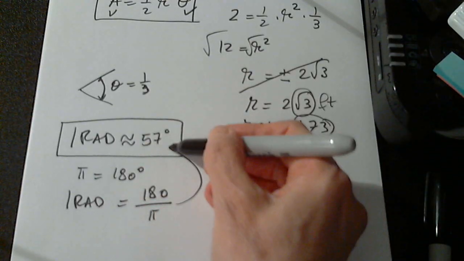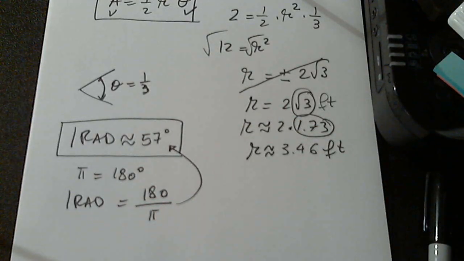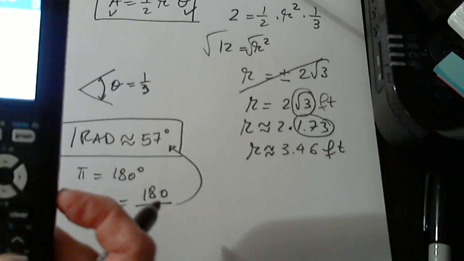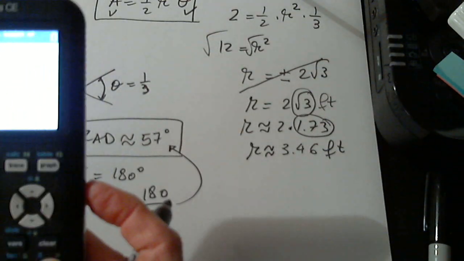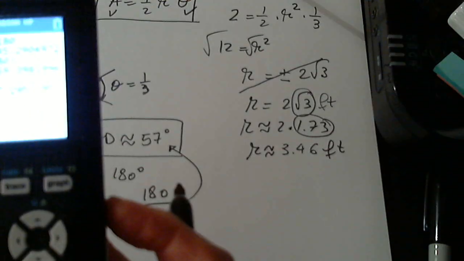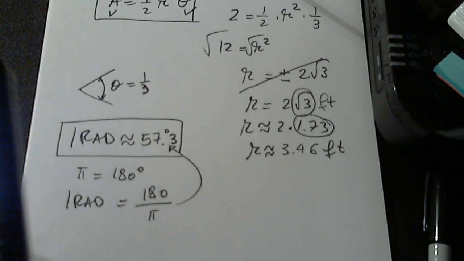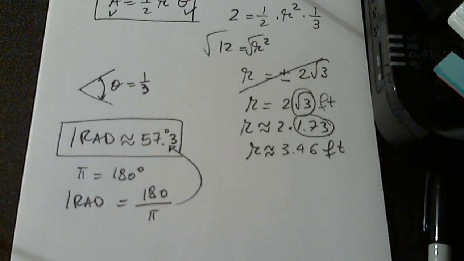When I divide 180 by pi right here, 57.3. It's good to remember this. Roughly 57 degrees. 1 radian is roughly 57 degrees.